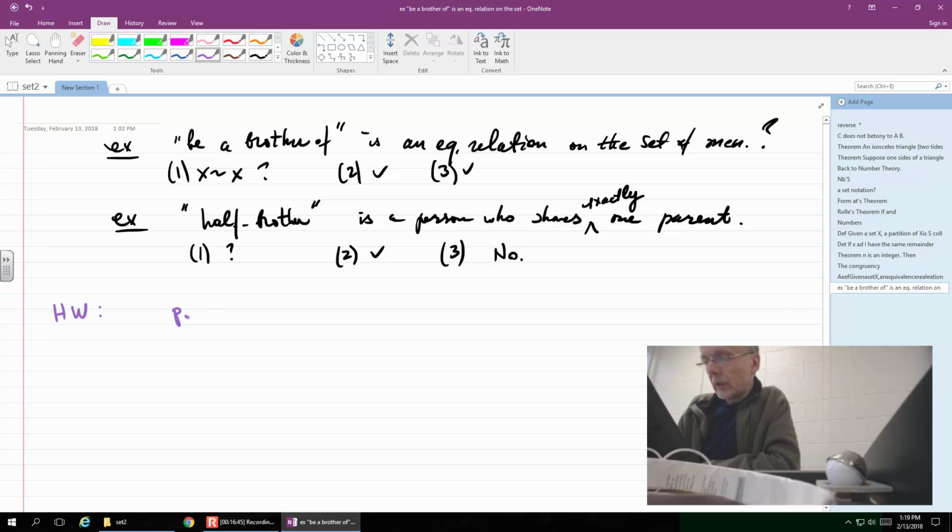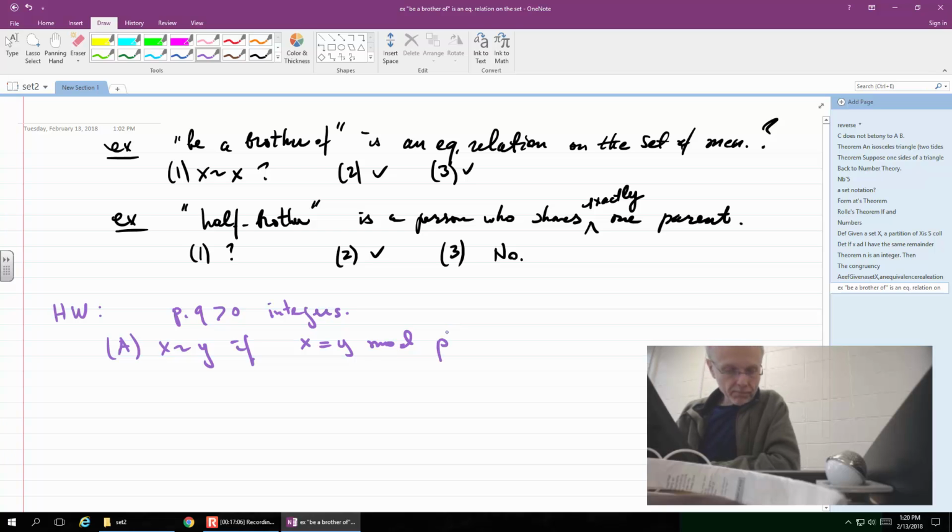Say P and Q are positive integers, and I define two equivalence relations possibly. A: x is equivalent to y if x is congruent to y mod P and x is congruent to y mod Q.